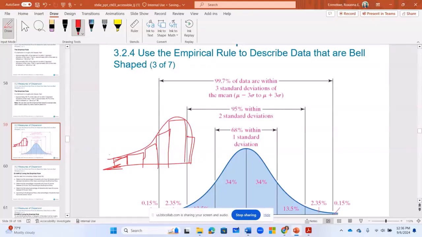Whenever there is a histogram like this, and you superimpose a density curve on it, the density curve is skewed left. And when you calculate the mean, you will notice that the mean is less than the median.